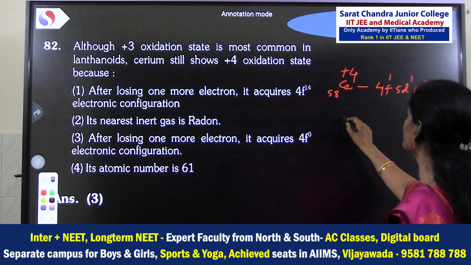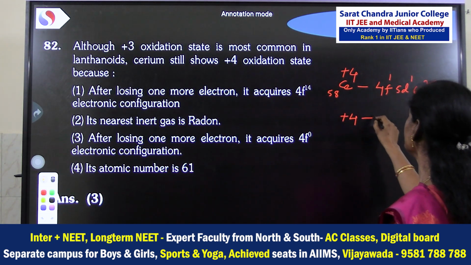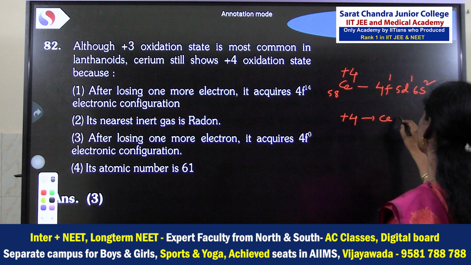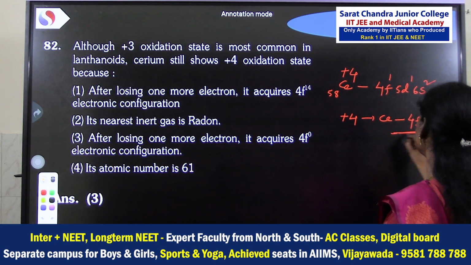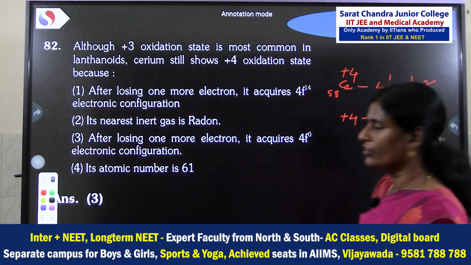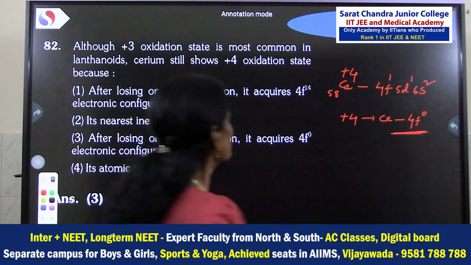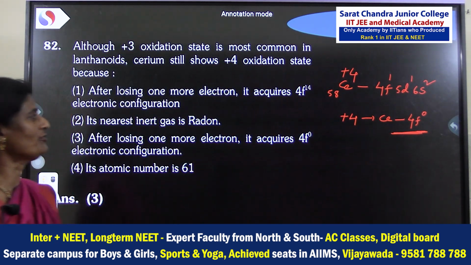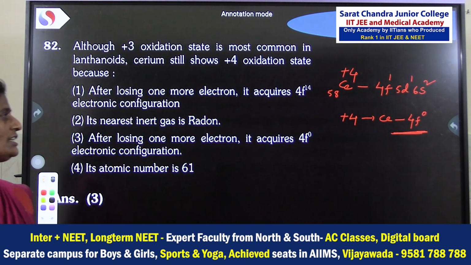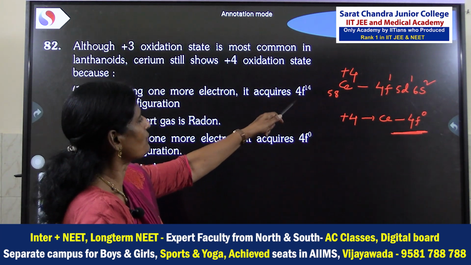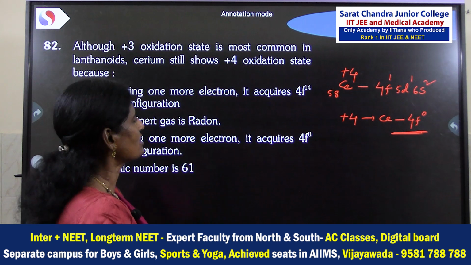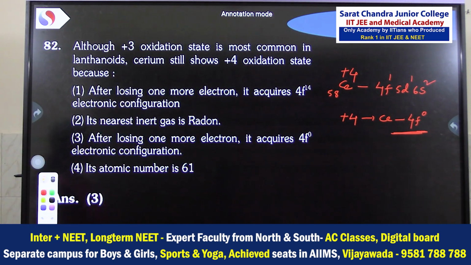So in +4 state cerium has 4f0 configuration, which is its nearest inert gas configuration. Its nearest inert gas is xenon, 54, so in +4 state its configuration is similar to xenon, which is a more stable configuration.